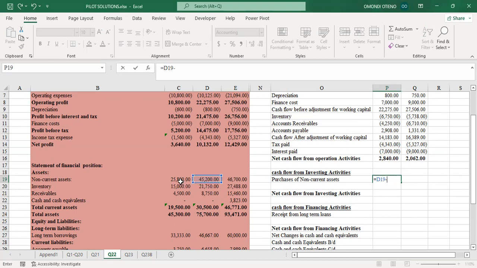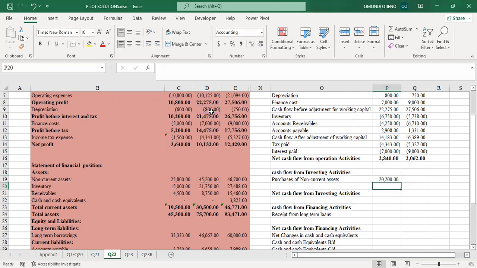So we subtract what was there at the beginning plus the depreciation expense for that specific year. We are going to be able to get what was actually purchased. So when we take the current balance minus opening balance plus depreciation expense, we are able to get what was actually purchased.